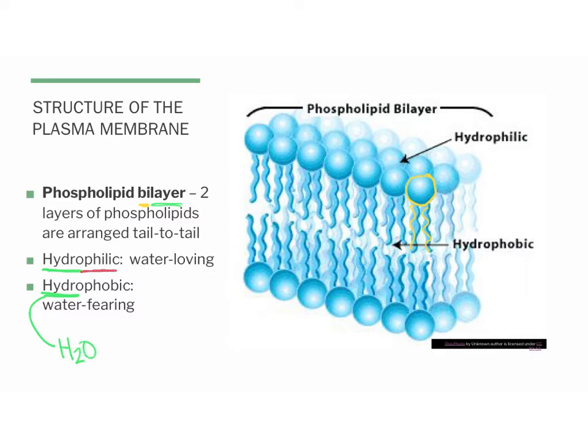And then part of it is hydrophilic. Philic means like you love it. So hydrophilic means water loving. This part of the phospholipid loves water. The same is true for down here.